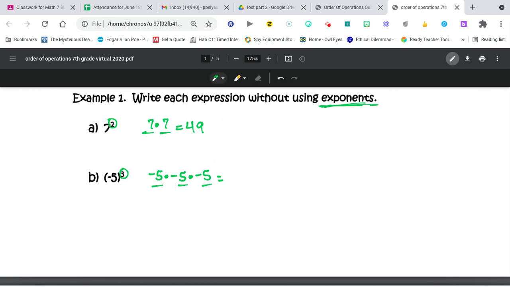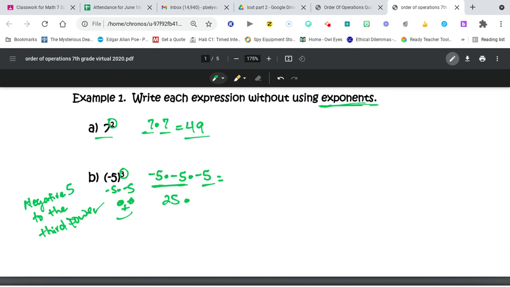The answer to 7 squared, or 7 to the second power, is 49. The answer to -5 to the third power is whatever we get when we do -5 times -5 times -5. Well, a -5 times a -5 is a positive 25.